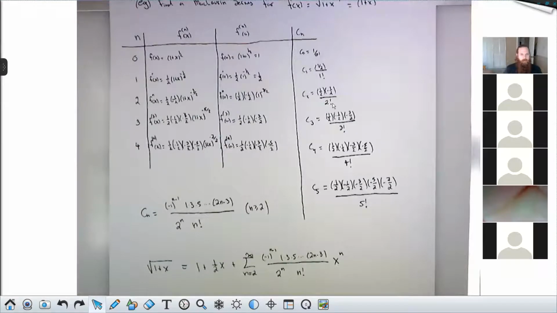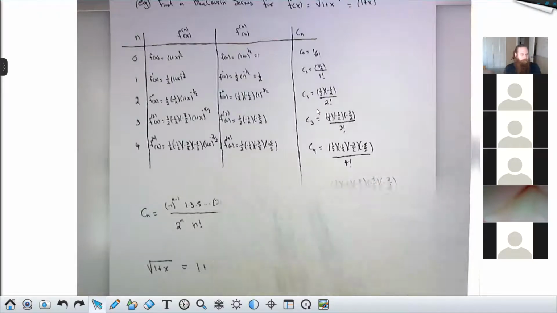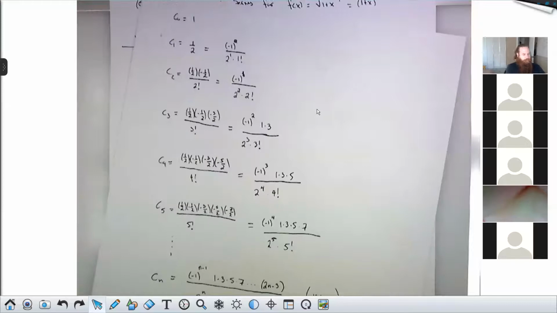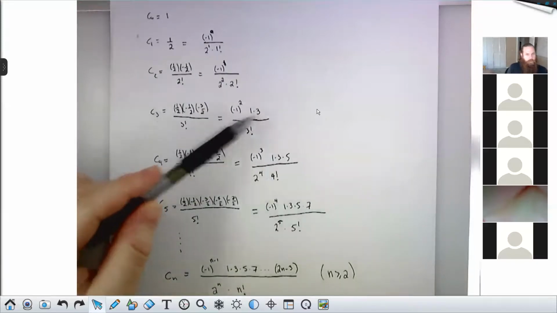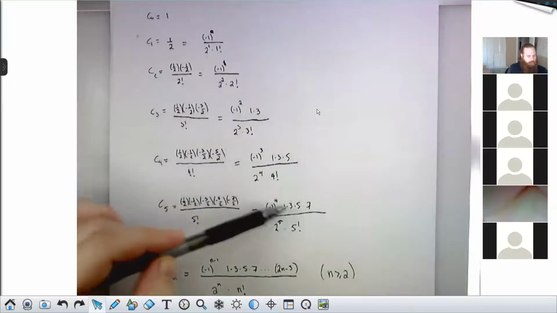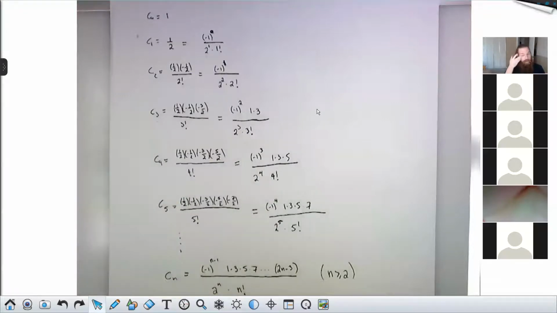So Caleb's asking, how did I get the 2n minus 3? I noticed that these are all odd numbers, right? 1 times 3, 1 times 3 times 5, 1 times 3 times 5 times 7. And the question I ask myself is, how does the odd number at the end here relate to the number here?